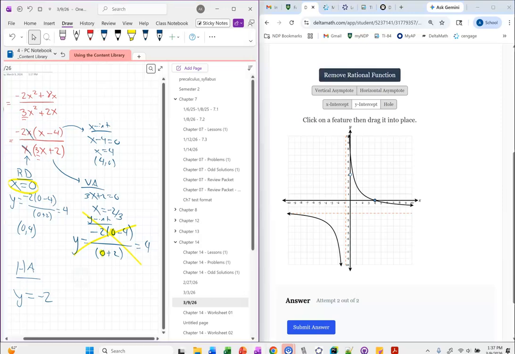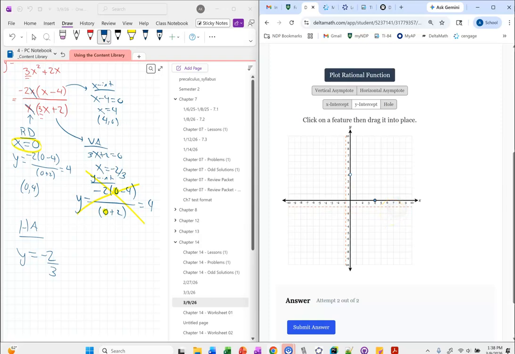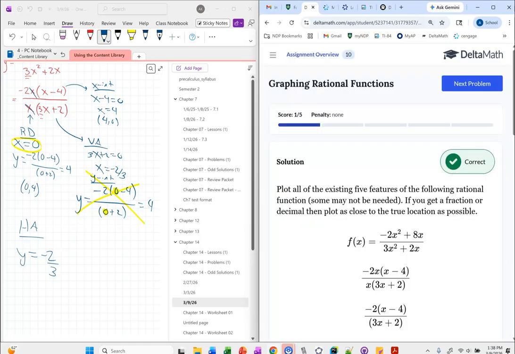It changes this guy, right? Okay, so I know it's not right because the graph isn't going through. The issue is with my horizontal asymptote, so leading coefficient over leading coefficient. Try that again. I think that looks like it's going through everything now. Let's try it. Correct.